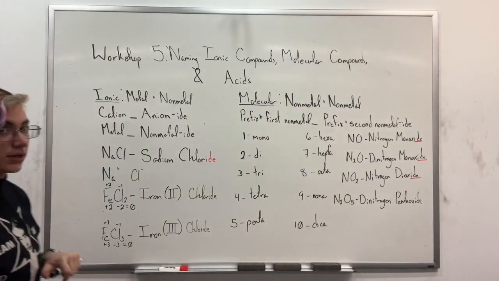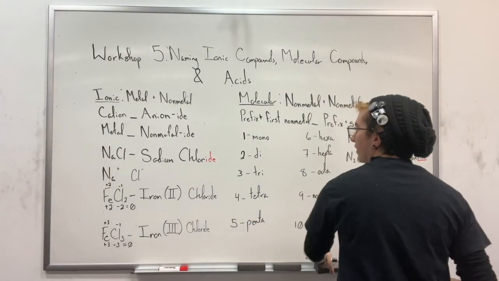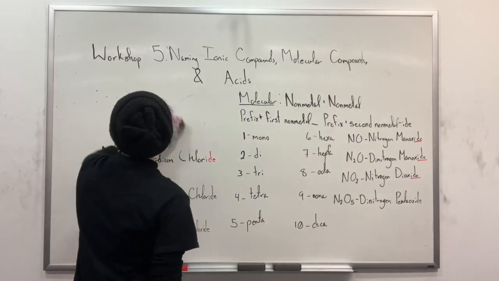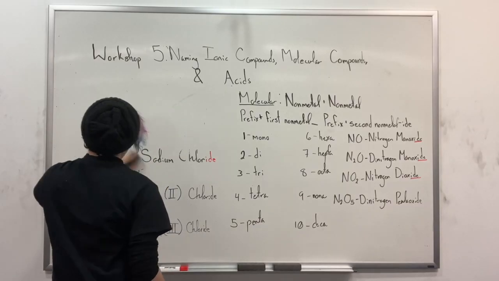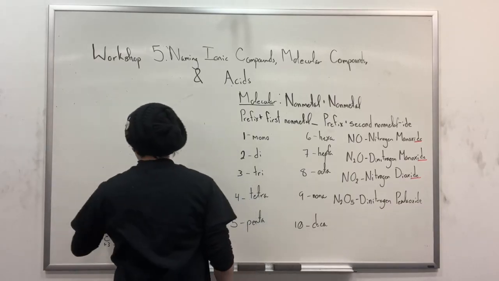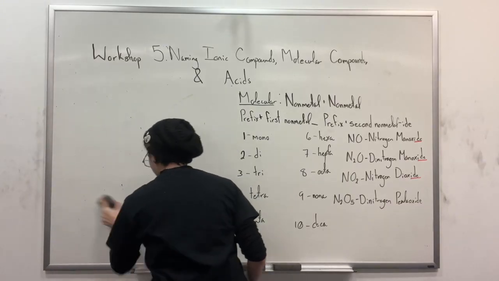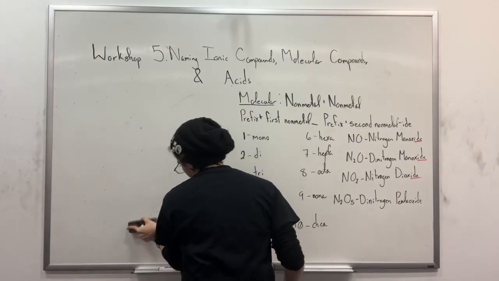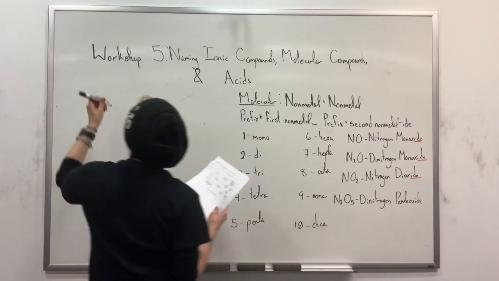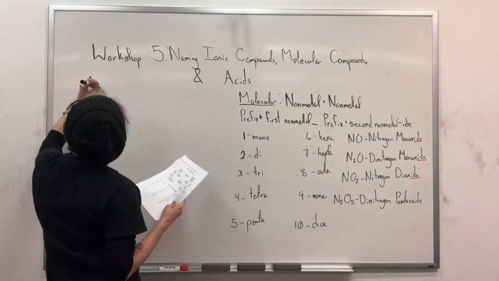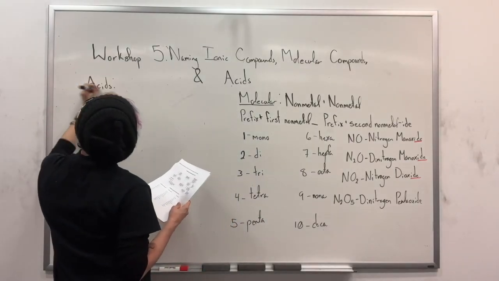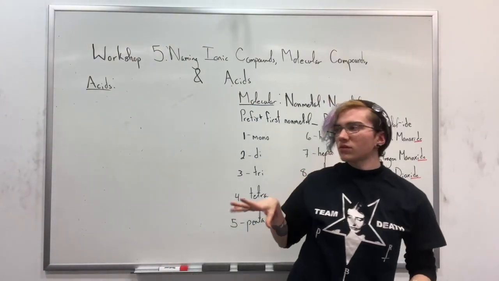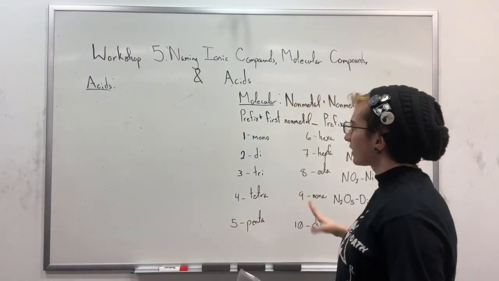But now that we have ionic and molecular, the last one is now our acids. I'm going to erase the ionic information. There we go. So now we have acids. So acids are going to be a little bit similar to molecular in a sense.